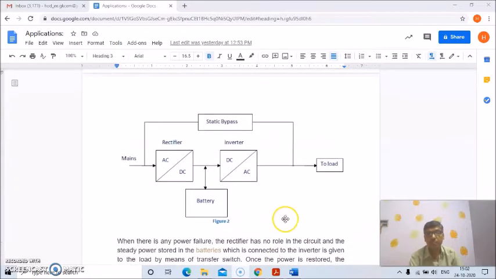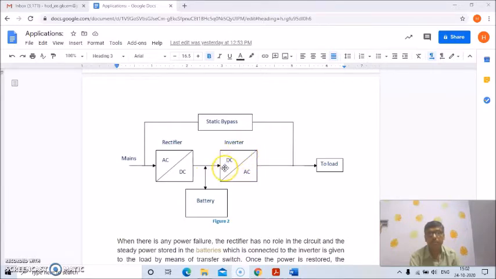So basically, this is the block diagram. This is the main, and this is the rectifier unit, which converts AC to DC, and this DC is used for charging or storing energy in the battery. This stored energy is reversible. When it is required, when the main is interrupted, this will be given to the input of the inverter.